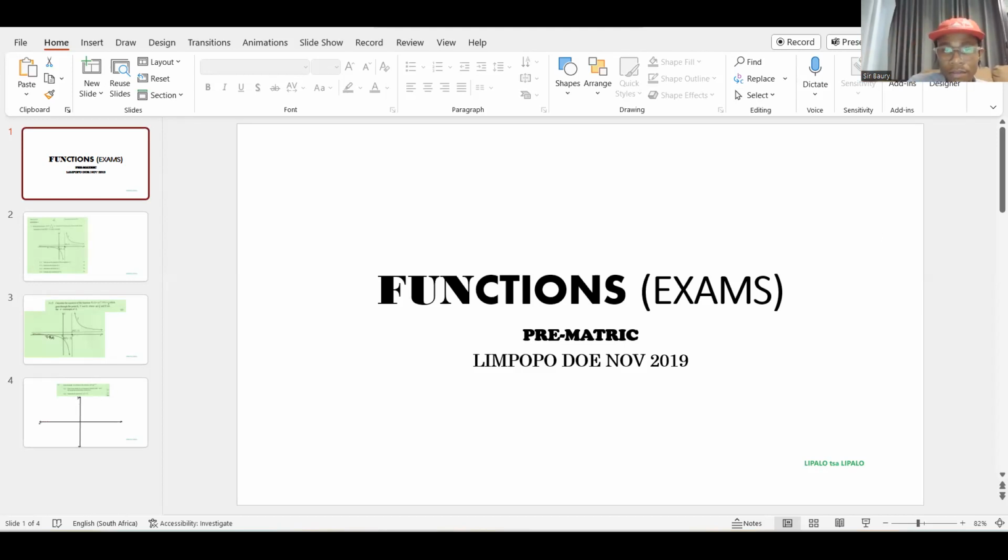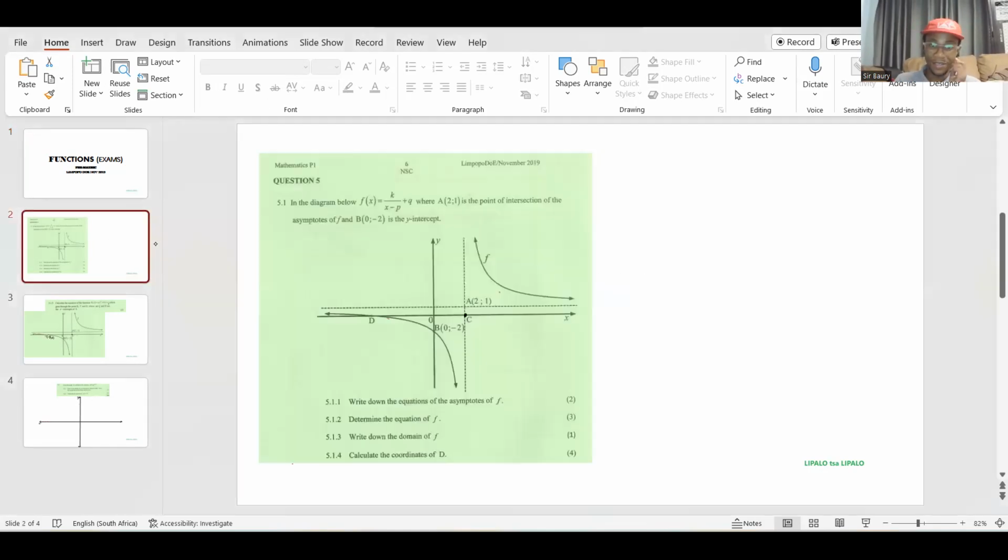Okay, we're gonna look at, let me see what's there. Fun, fun, fun. Most fun concept here. Okay, this is from the Limpopo paper, you know, see what they were writing in 2019. So remember that CAPS is just a repeat and nothing's gonna change.